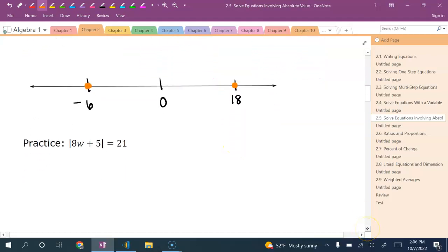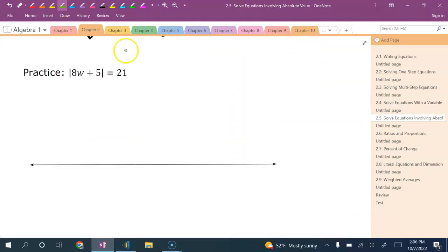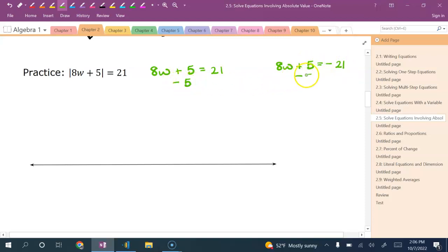Now for that second practice problem, your equation should have looked like 8w plus 5 equals 21, and 8w plus 5 equals -21. So for both of these, I start by subtracting 5 from both sides of my equation.